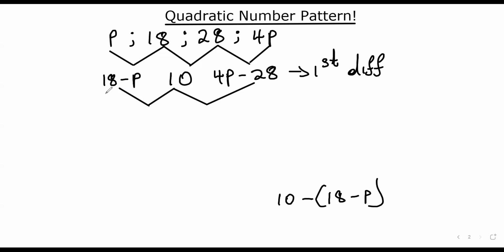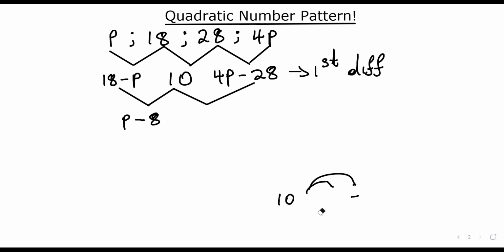Remember, every time you're subtracting two terms, you need to open a bracket so as to distribute the negative sign. So here we actually have 10 minus 18 plus p. And this gives us negative 8. So we actually have p minus 8 here.